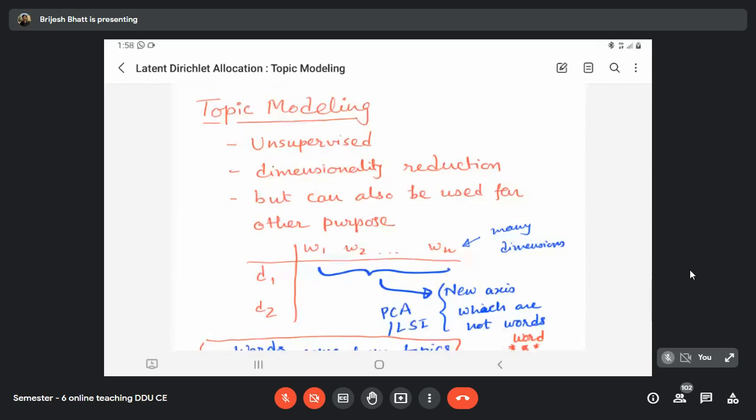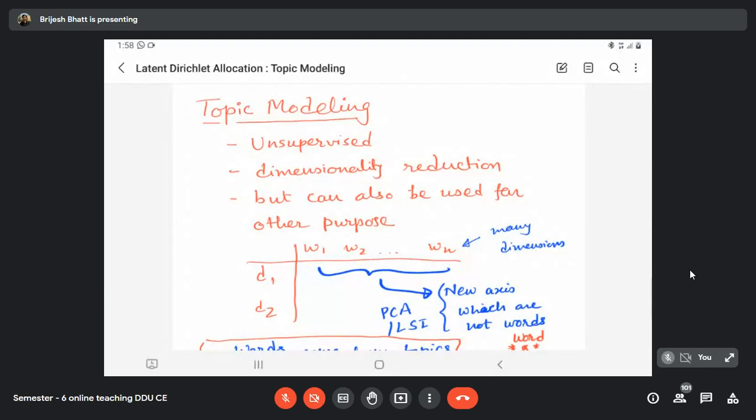And we also said that the latent semantic indexing technique can give us a word vector and document vector from this word document matrix. The underlying technique used for this is known as singular value decomposition.